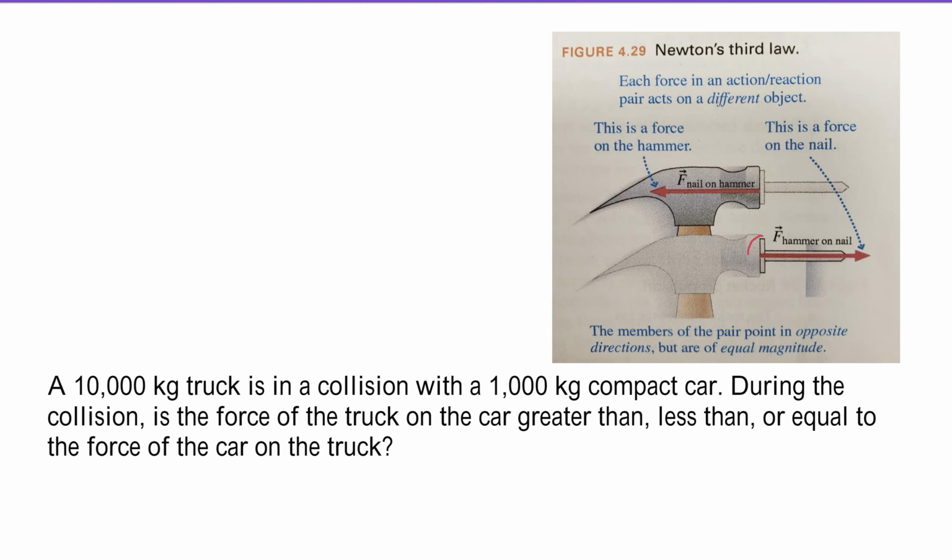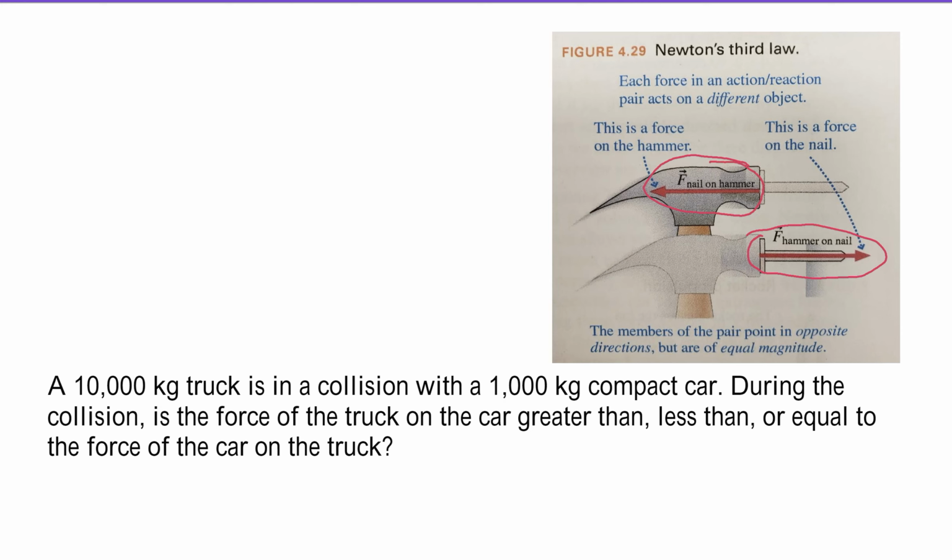So that is this one right here. The hammer hits the nail and the nail gets driven into the wall. But at the same time, because the hammer hit the nail, the nail is also reacting to that and pushing back on that hammer. And so therefore, there is a force of the nail pushing back on the hammer.